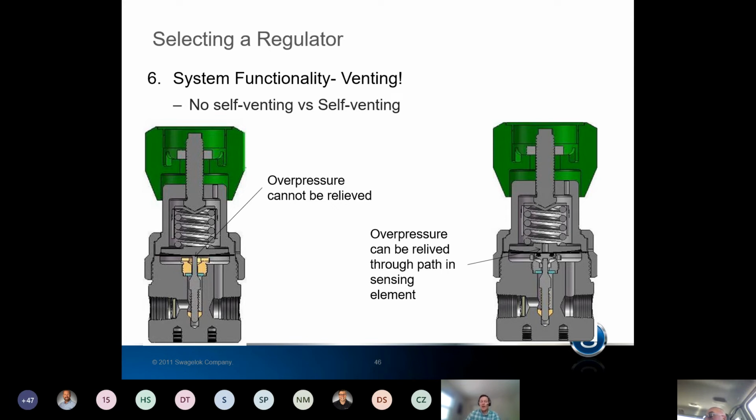When there's excess outlet pressure, if you take the handle and turn it counterclockwise, you let that spring relax, so F1 goes down, F3 takes over, pushes this diaphragm off this seal, and that excess pressure can escape. That's really where self-venting is best used, when set points change a lot. If you're constantly going up and down, self-venting can make that operation much easier.